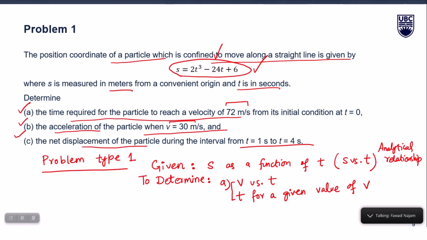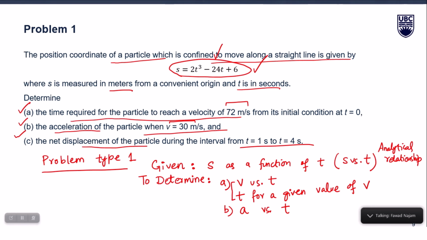So the second step will require you to determine a relationship between acceleration versus time first, right? And then from the first relationship you will determine at what value of t your v is 30, and then from the acceleration versus time relationship you will calculate what acceleration it is at that particular time.